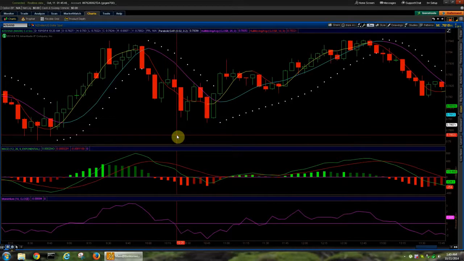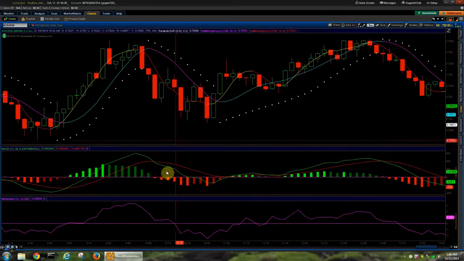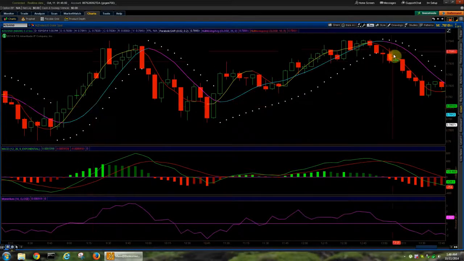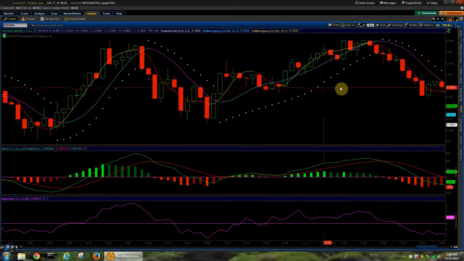There are fake outs that you can get into here that will cause you to lose, and so the thing to do, I think, to avoid fake outs is to look for these lines to be sharply up or sharply down. And the other thing is that you want to look for a good entry point and look at what the candles are doing.